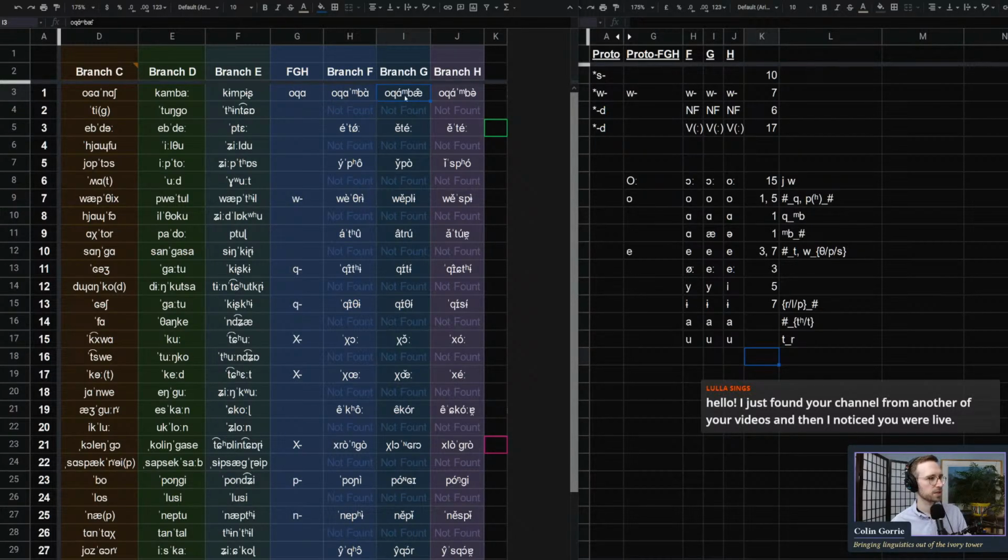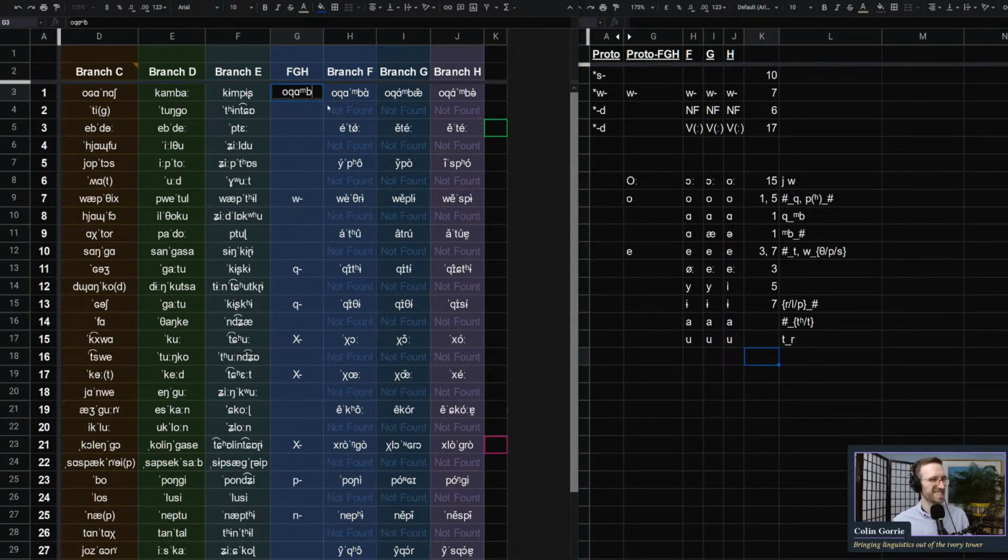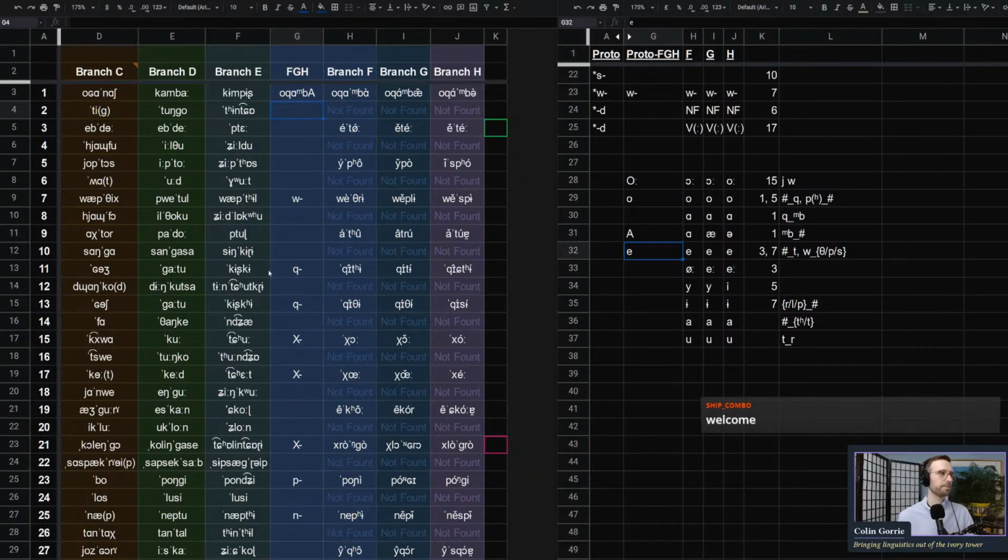We don't have any stress in G, so I don't know if we want to put it back into the proto-language, but we definitely have it, and then we have something probably ish. So we're going to give this a cover vowel. I think that's a decent reconstruction here.